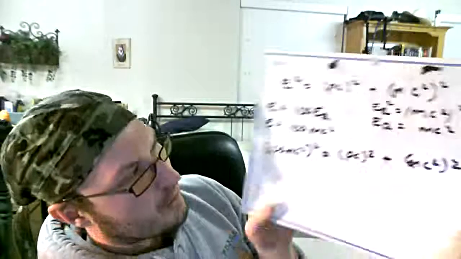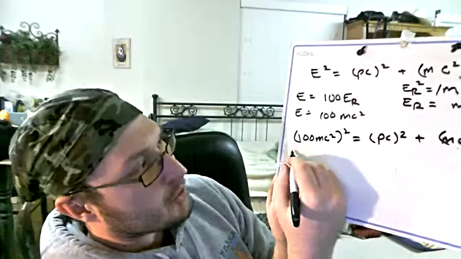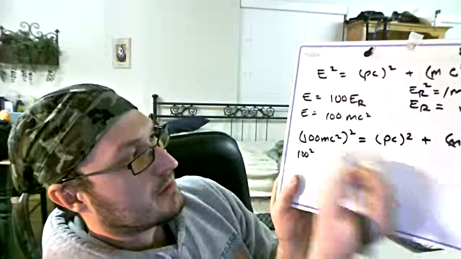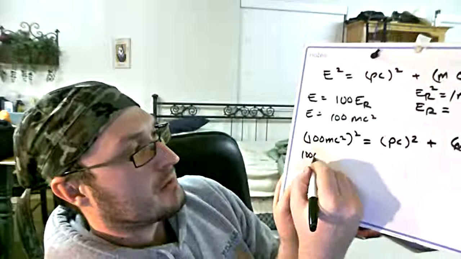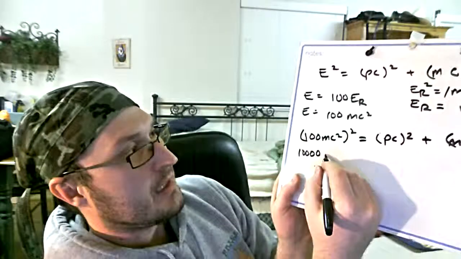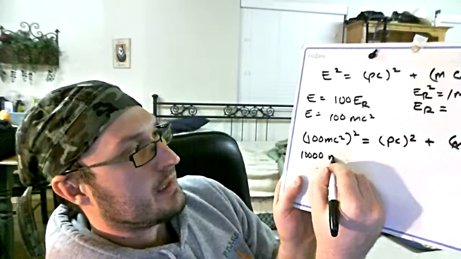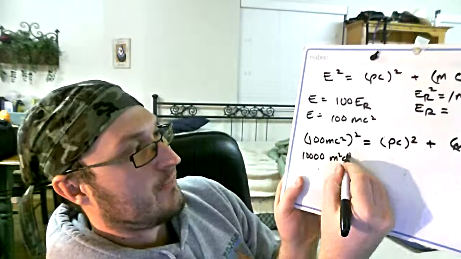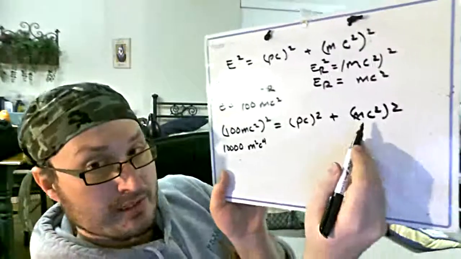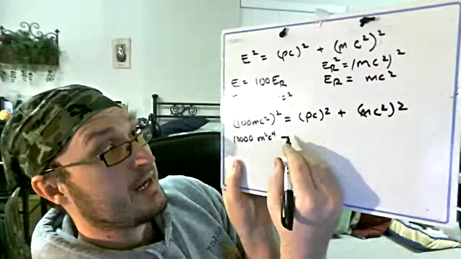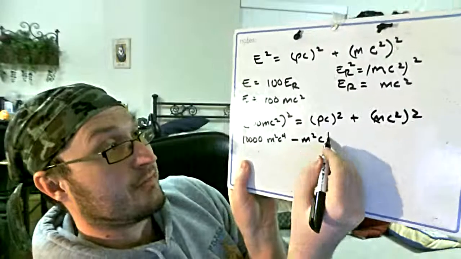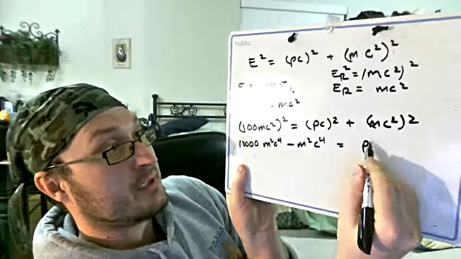Alright, so we get 100 squared, so 10,000 m squared c to the fourth. Now I'm going to bring this over, minus just 1 m squared c to the fourth, equals p squared c squared.